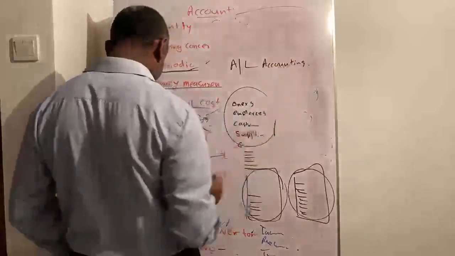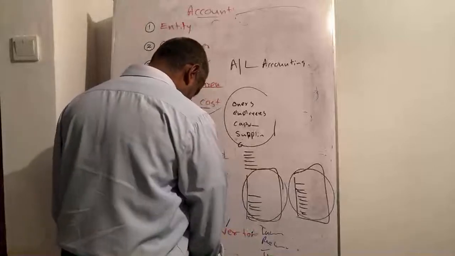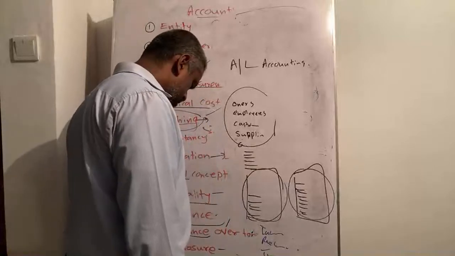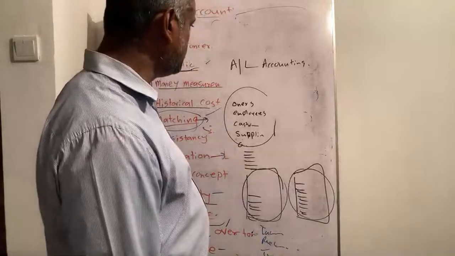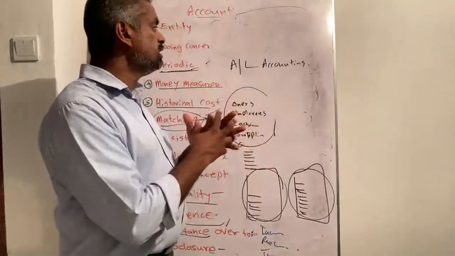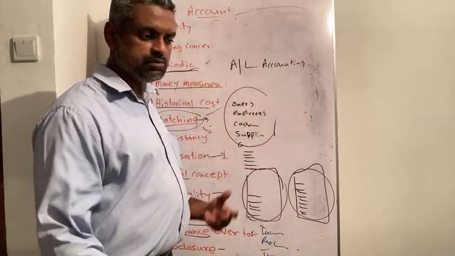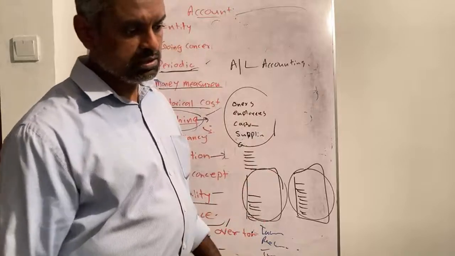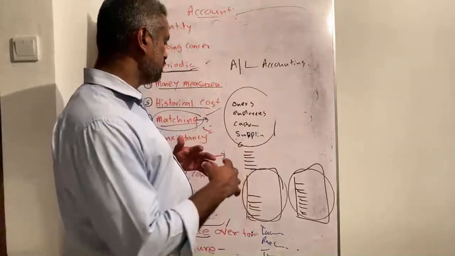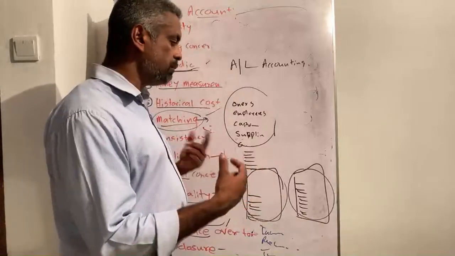Okay, we will gradually move to sums with the next class, and for the time being, we stop the class and we will meet again with sums and all. And when we are doing sums, then we will teach more concepts and the practical scenarios of the applications.